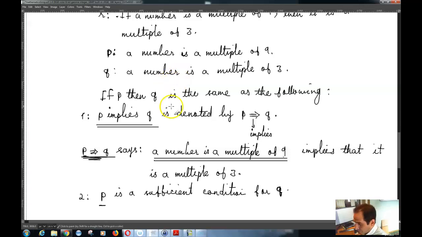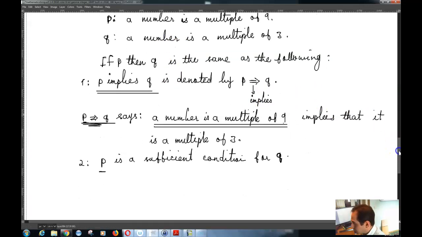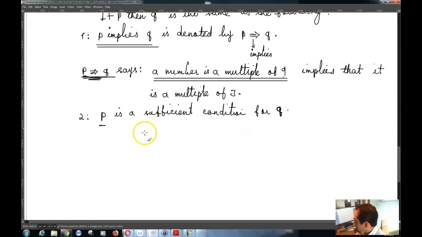And there is another way to understand this, which is P only if Q. Which means that a number is a multiple of 9 only if it is a multiple of 3.